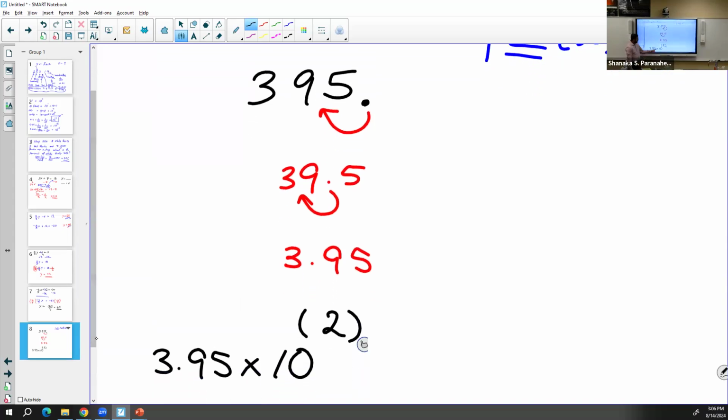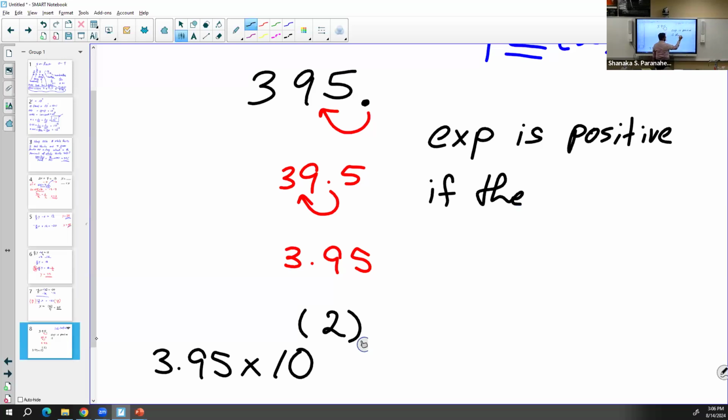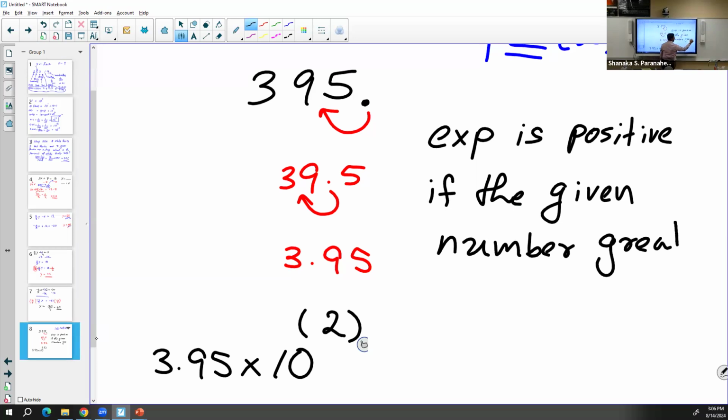The sign is positive if the given number is greater than 10. So the exponent is positive when the given number is greater than 10.